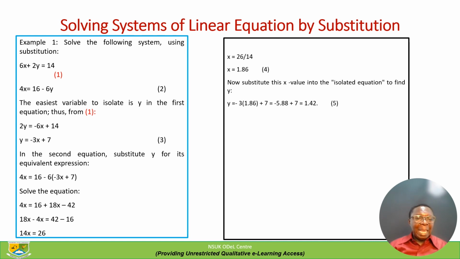You have 14x = 26. To get the answer, x = 26/14, which gives x = 1.86. That will make this equation 4. Now substitute this x value into the isolated equation to find y. So y = -3(1.86) + 7, which is equal to 1.42, and this gives us our equation 5.